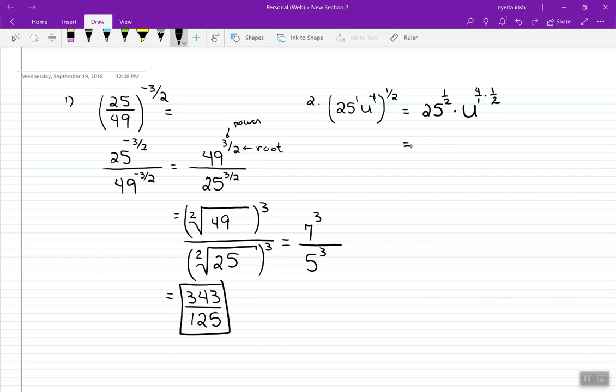All right, so I have 25 to the 1/2 power, and u to the 4/2. Well, 4/2 can be reduced down to 2. And 25 to the 1/2 power, again, we're looking for the root.